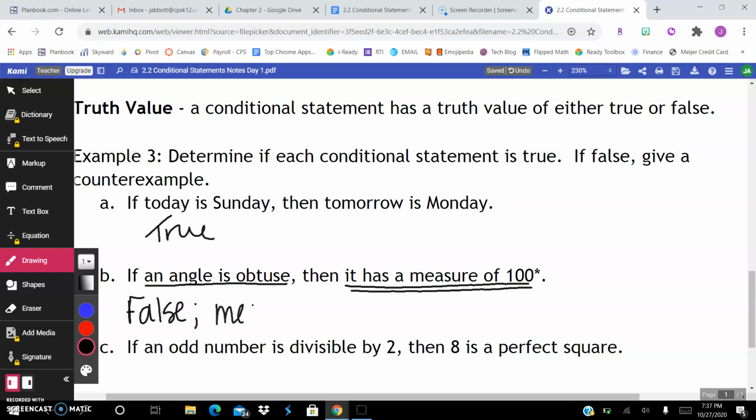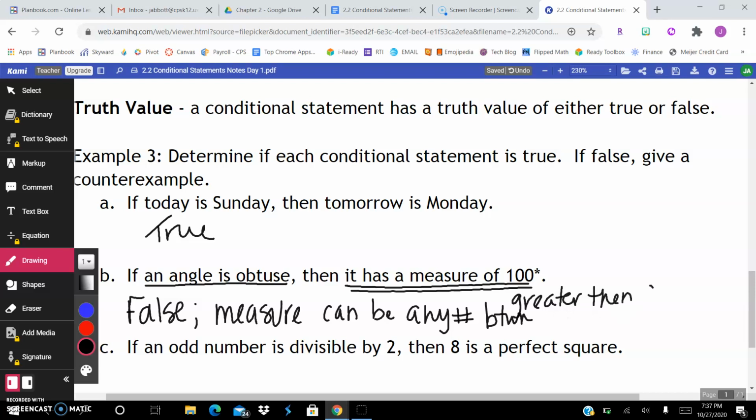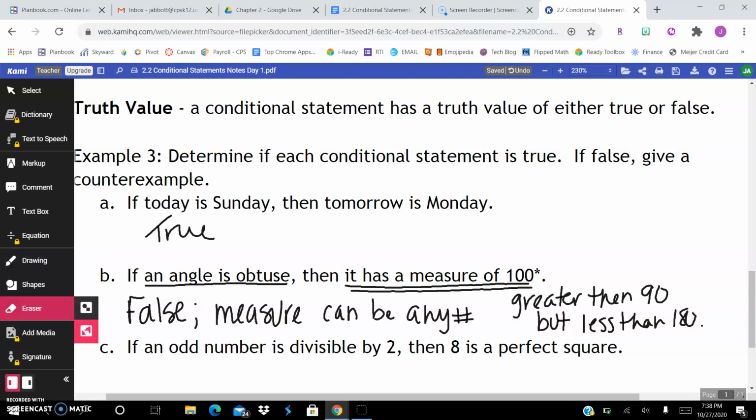So the measure can be any number greater than 90 but less than 180.